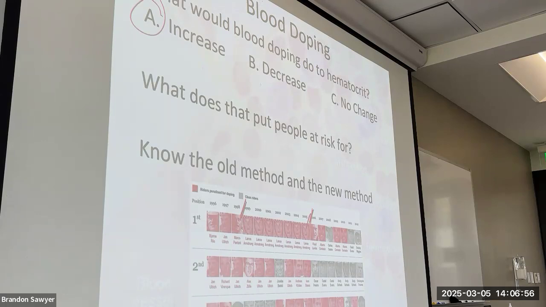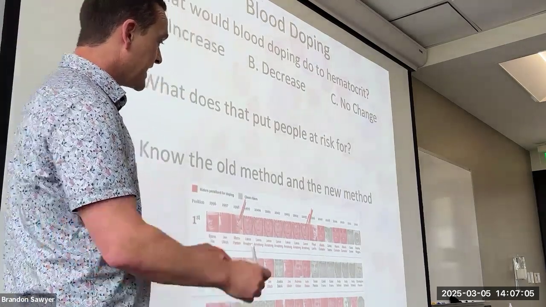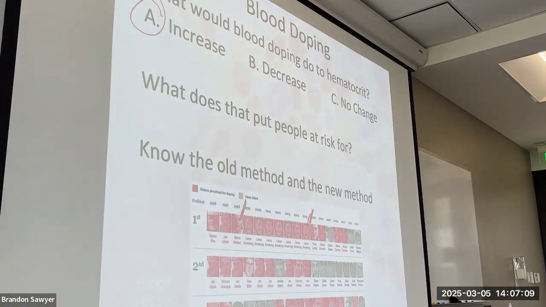It was like 7 years in a row that he won the Tour de France. And so this shows who got first place each year, and then who got second place, who got third place. And then this analysis looked back to see, once they kind of caught everybody with blood doping, all the ones in red are ones that were blood doping. So it's pretty much all of them. They were all pretty much blood doping during that era of cycling.